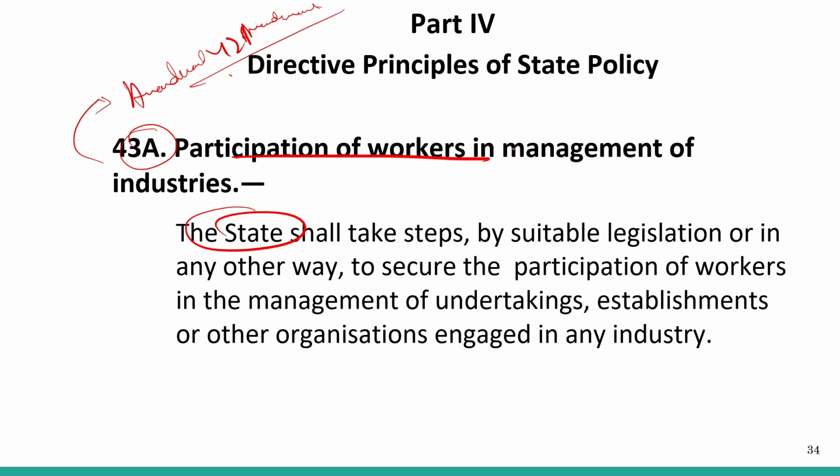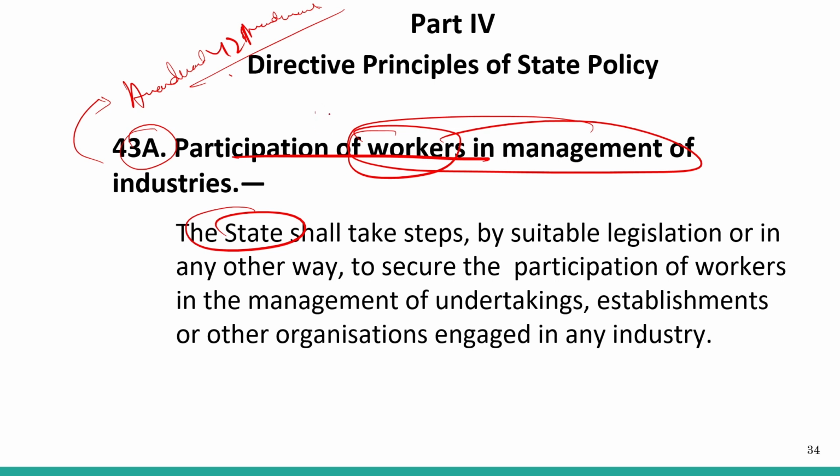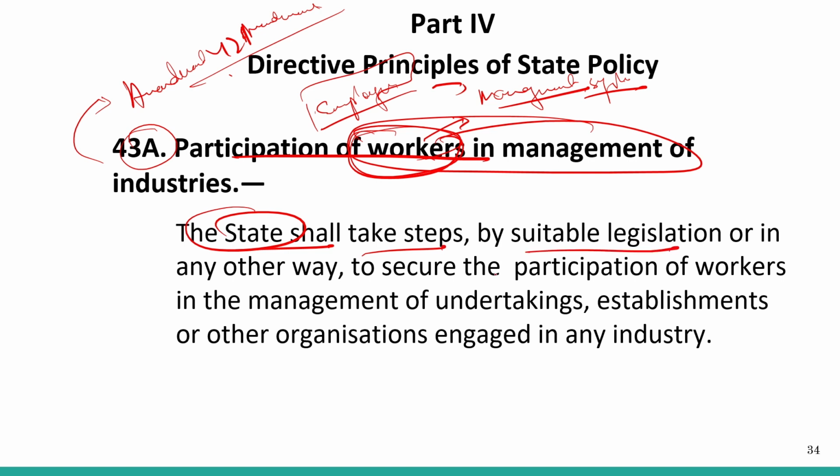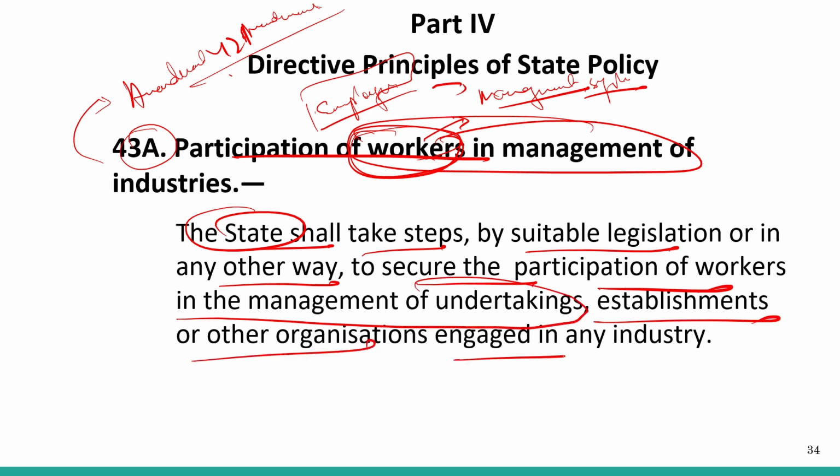The workers who are going to be managed by any employer, they have to create a management system, and the participation of the workers should also be there. The state shall take steps by suitable legislation or in other ways to secure the participation of workers in the management of undertakings, establishments, and other organizations engaged in any industry. So this is how the participation of workers comes in.